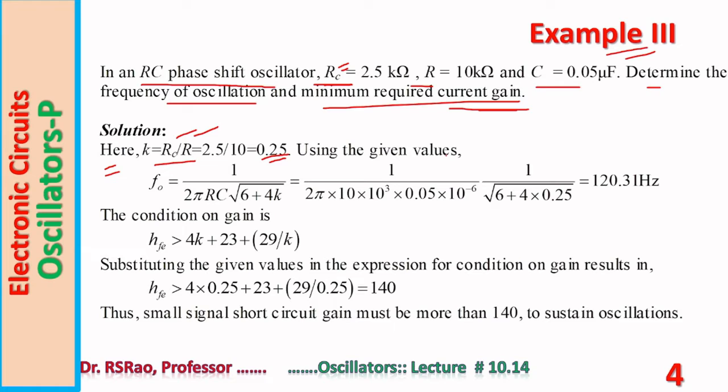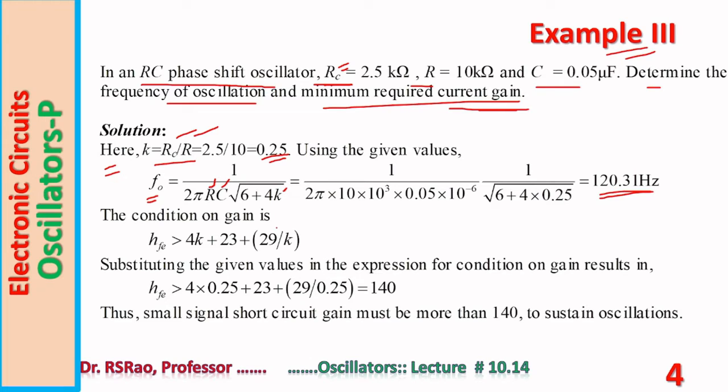The relation for frequency is 1 by 2 pi RC square root of 6 plus 4K. R is available, C is available, K is known, so frequency of oscillation can be determined without any difficulty. In this case, it turns out to be 120.31 Hz.